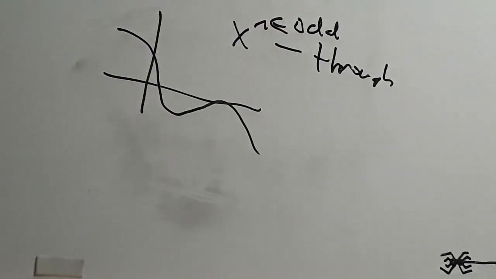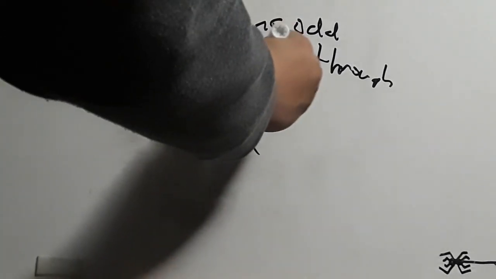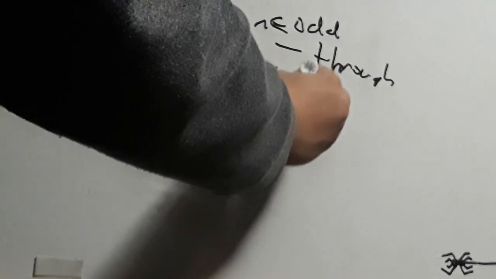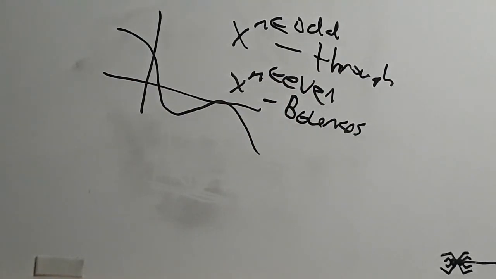With other numbers, it's going to come out differently. Integers just being whole numbers. And then x to the n, n an element of even numbers, this bounces. I believe that's a term that mathematicians use, or junior math teachers.